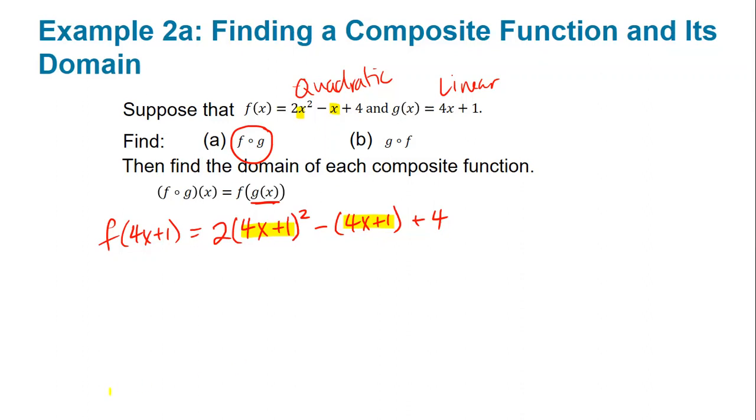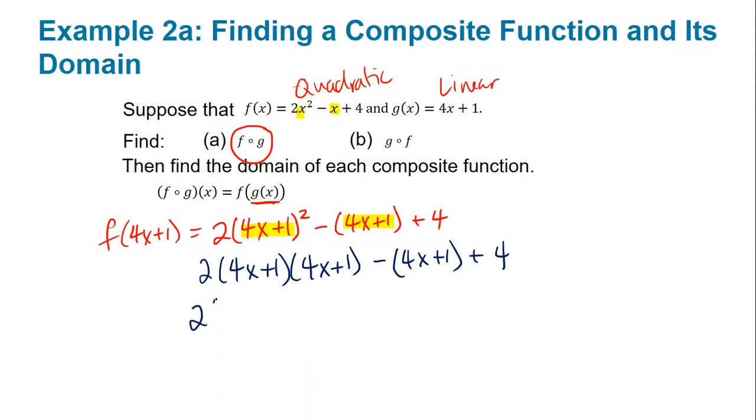So this means that I actually have 2 times 4x plus 1 times 4x plus 1, minus 4x plus 1, plus 4. So I'm going to FOIL, distribute, and combine like terms. FOIL is just a way of saying I'm doing multiple distribution at one time. Does that make sense? All right, so let's start our FOIL.